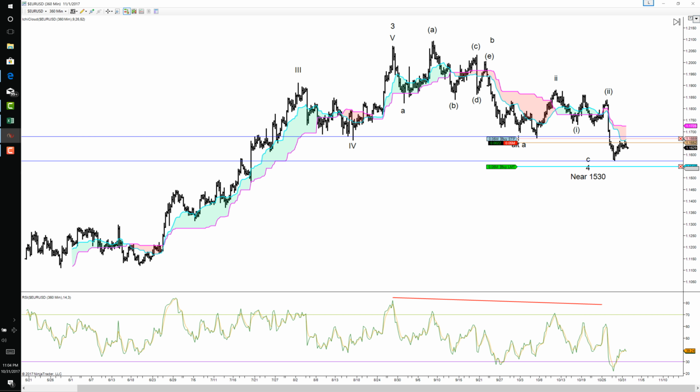And if it happens to go near the 1530, that's where I am hoping it would end wave C of 4. I'm not sure if it's going to get there right now, though. I think what is going to happen is that this is the 1, 2, you have the 3, 4, and then possibly a wave 5 for 3, and then you'll have a larger wave 4 that will go more back towards mid 17.